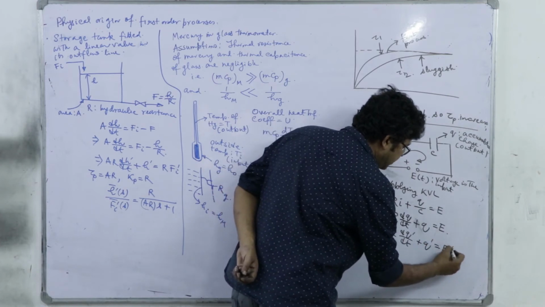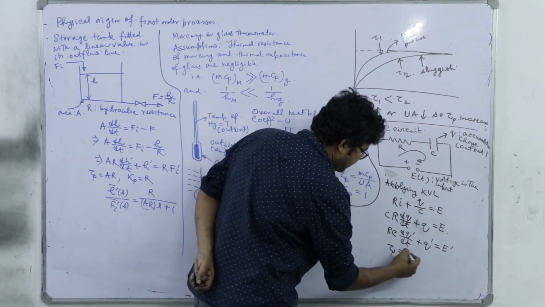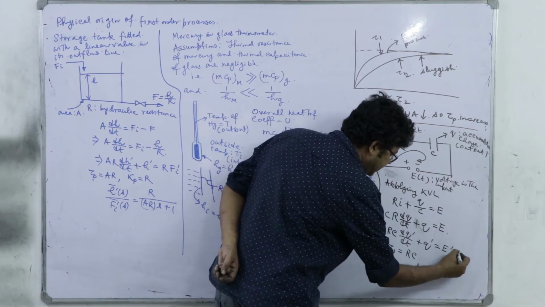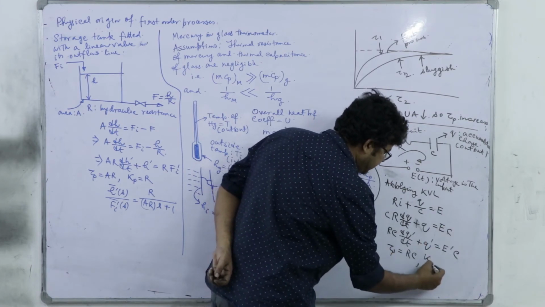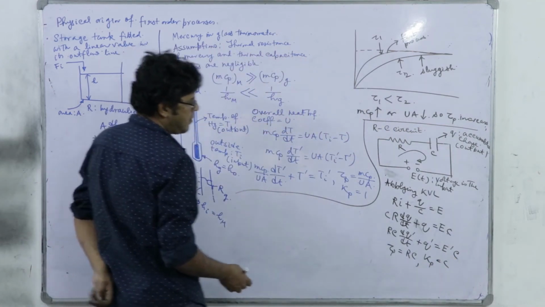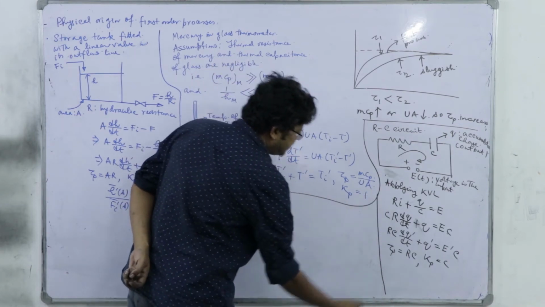So this is a first order process, tau p equal to RC, and Kp is equal to C. Right. So that's the electrical example.